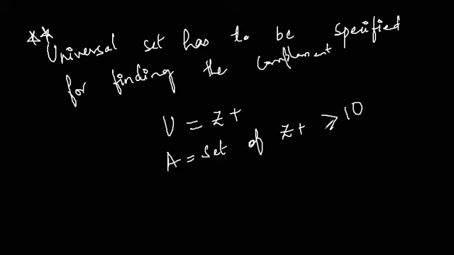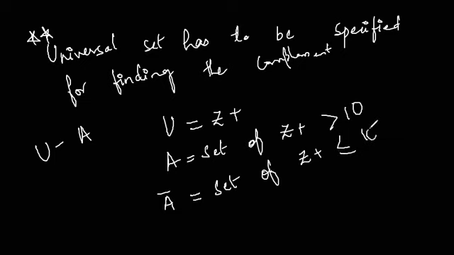So all the integers greater than 10 belong to the set A. Now we are supposed to find A complement. From the universal set, we have to remove the entire set A. The universal set is positive integers, so we remove all the positive integers greater than 10. The complement of A becomes the set of all positive integers less than or equal to 10.